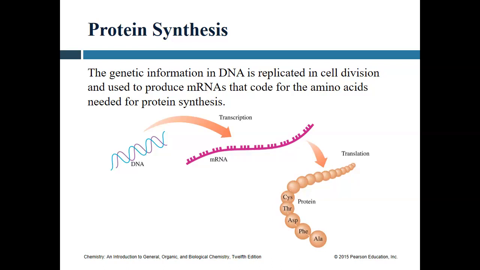And so what the transfer RNA does is it looks at this and says, oh, okay, these 3 base groups, well, that's glycine. These 3 base groups, that's alanine. These 3 base groups, that's isoleucine. And it just picks them up one after another, after another, to make this chain that's going to become our protein.